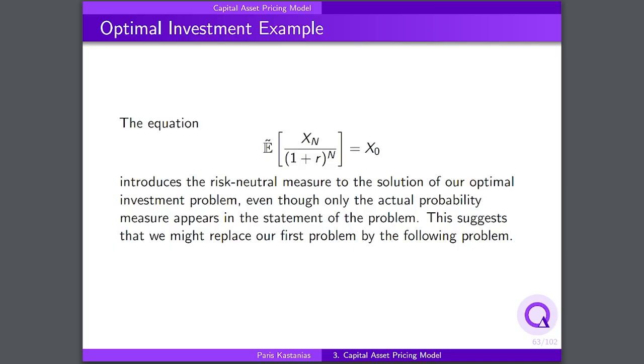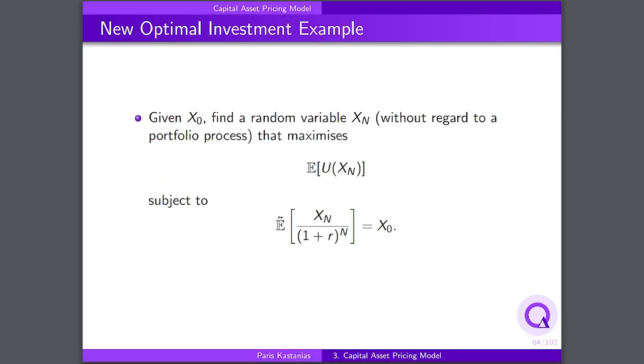So this equation introduces the risk-neutral measure to the solution of the optimal investment problem, even though the actual probability measure appears in the statement of the problem. This suggests that we might replace our first problem by the following problem. Okay, so instead of maximizing this with respect to the wealth equation, we can instead do it subject to x_n over (1 plus r)^n equal to x0.